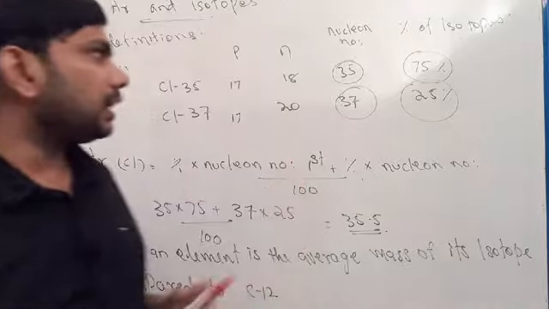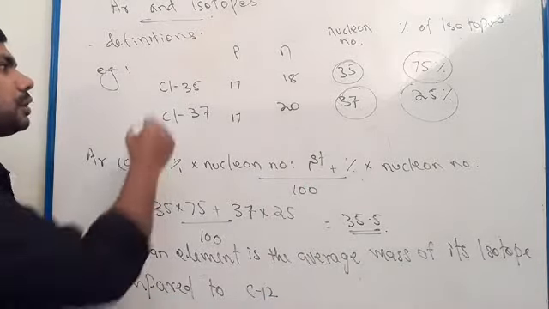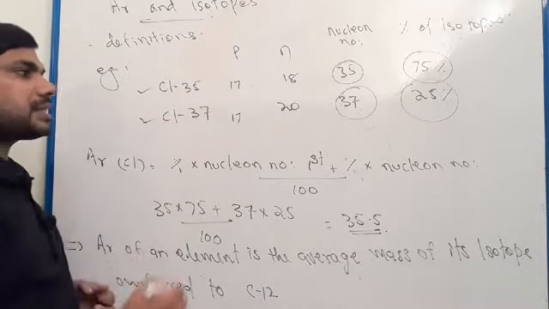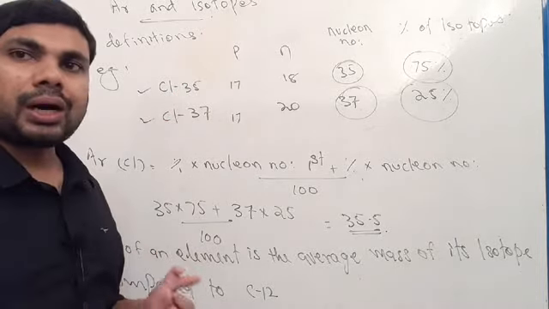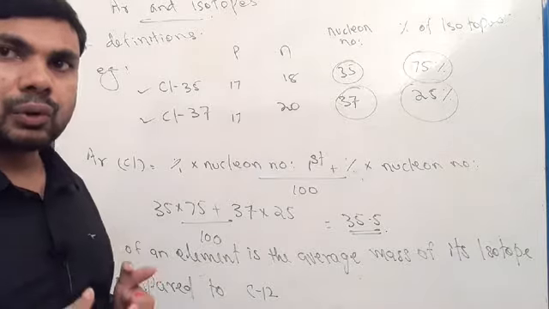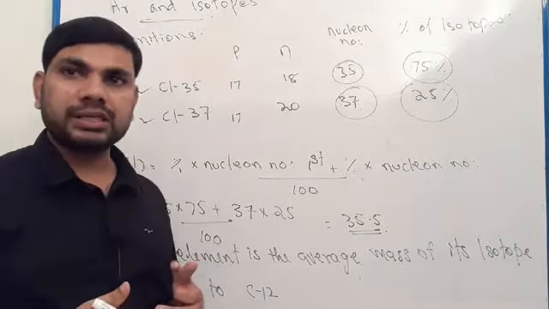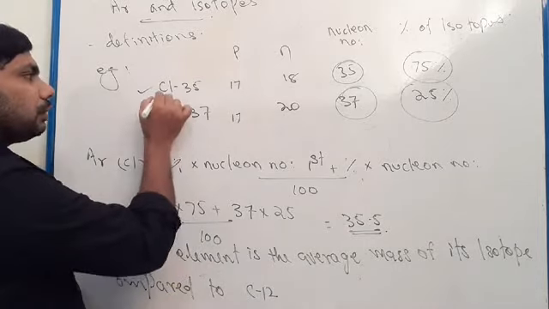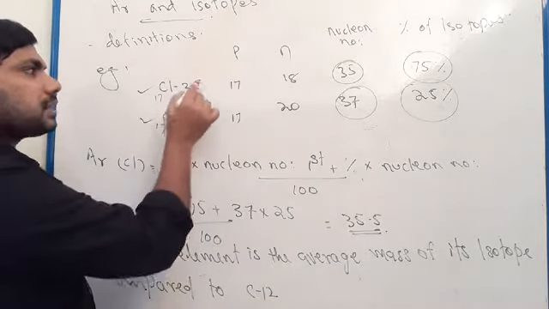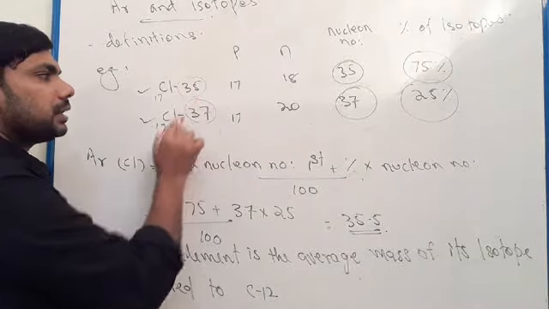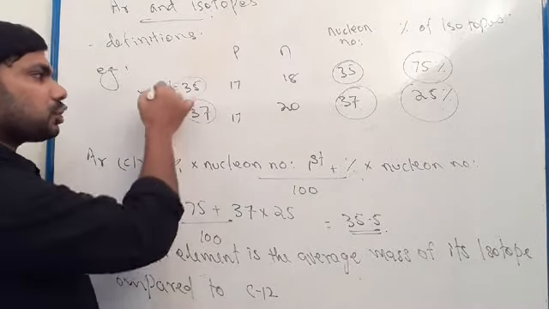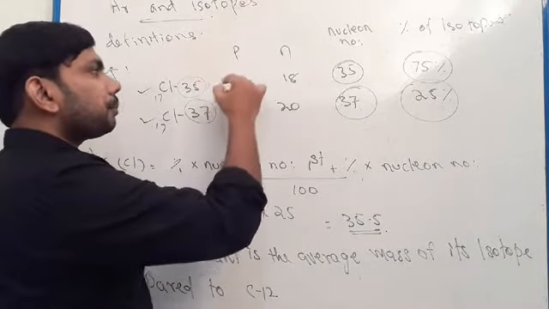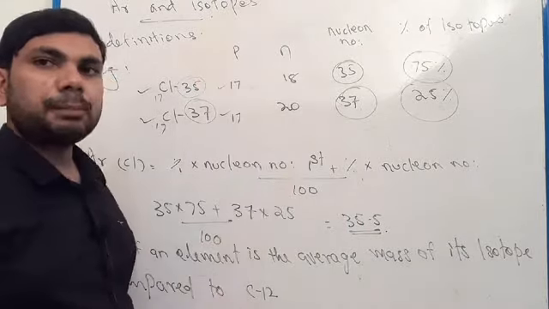Okay, so see here an example of isotopes: chlorine 35 and chlorine 37. These are two isotopes of chlorine. Here chlorine's atomic number is 17, with mass number 35 and mass number 37. In both cases the number of protons is the same, 17 protons.